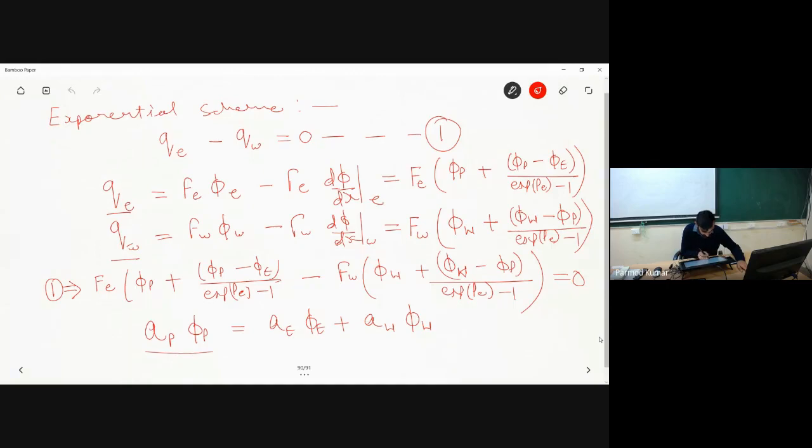And what else? This term involves phi P, so it will be FE divided by exponential of Peclet number minus 1. And over here, this minus minus will become plus, FE plus FW divided by exponential of Peclet number minus 1.